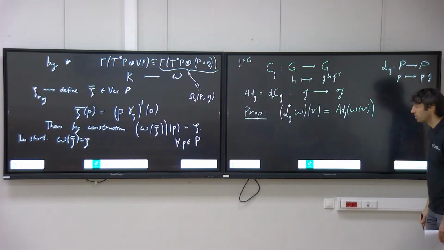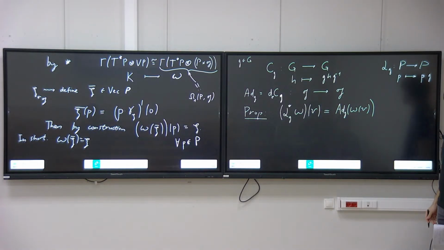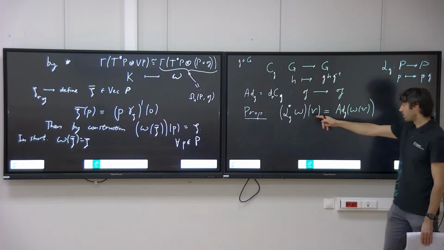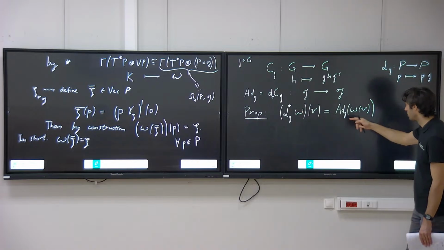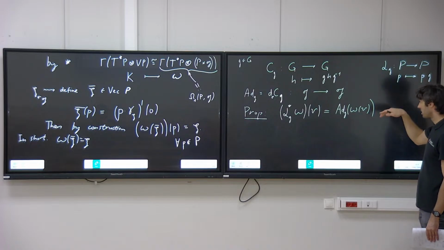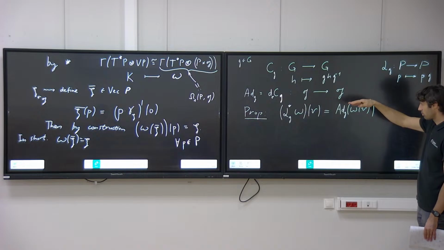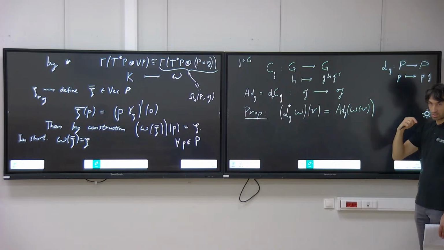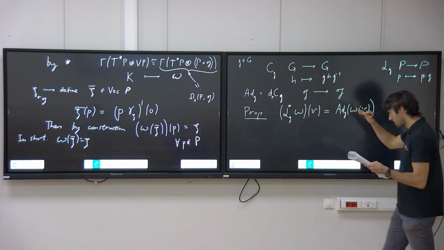So pulling back my connection one-form by the action is the same as applying the adjoint action of the group on the Lie algebra, and this happens pointwise. So this is the statement. Let's prove it.